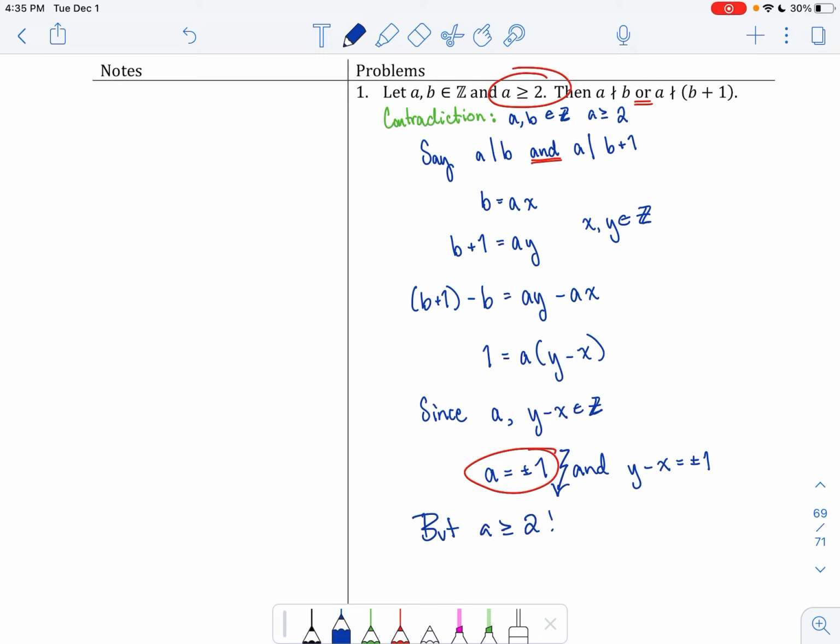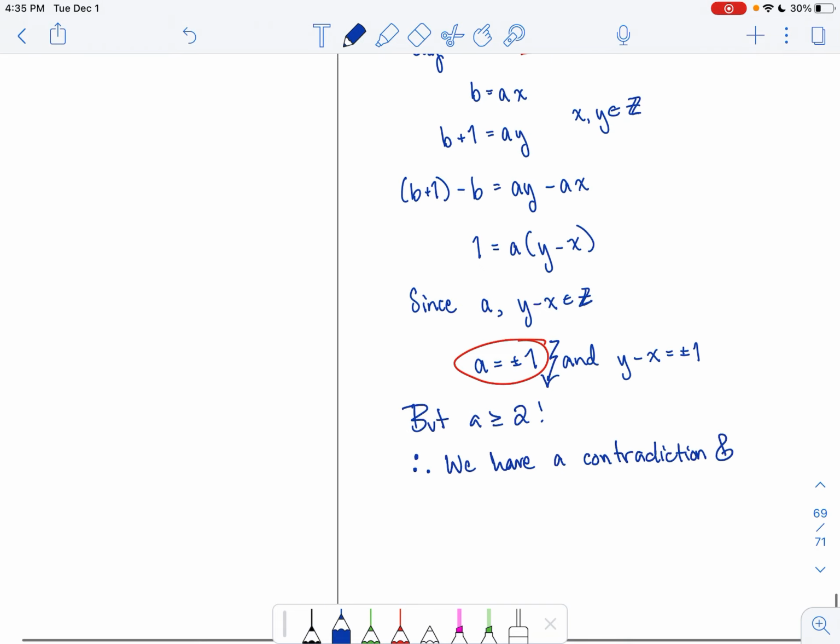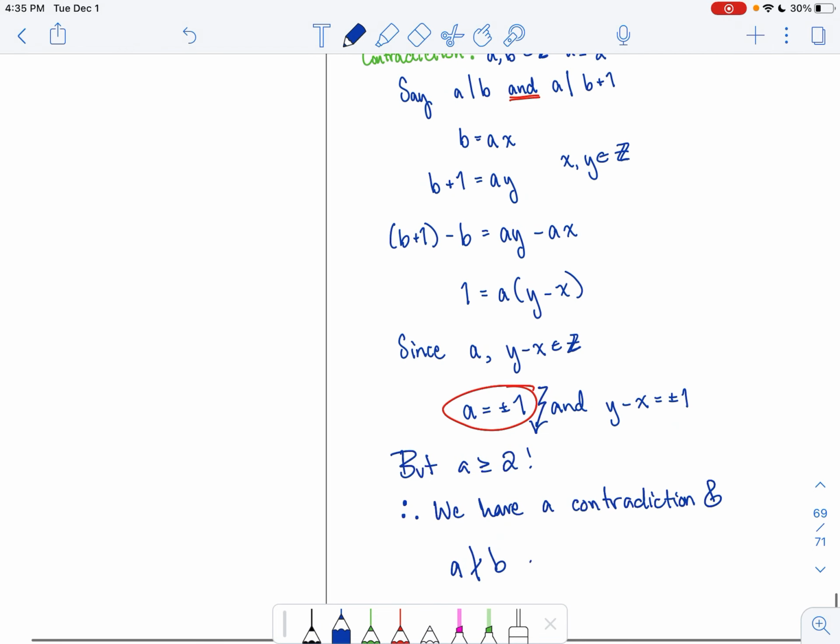And so therefore our initial supposition must be incorrect. So therefore we have a contradiction. And a cannot divide b, or a cannot divide b plus 1.